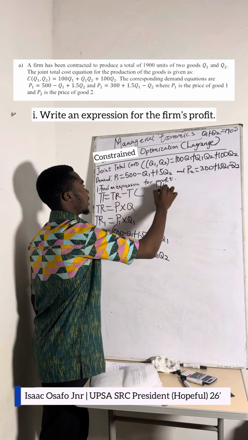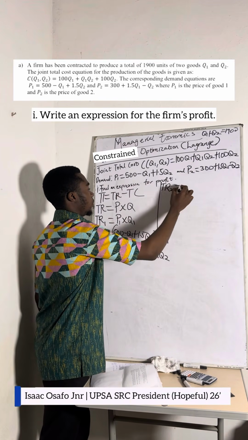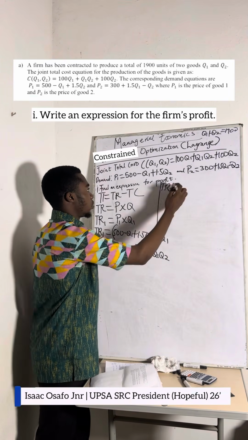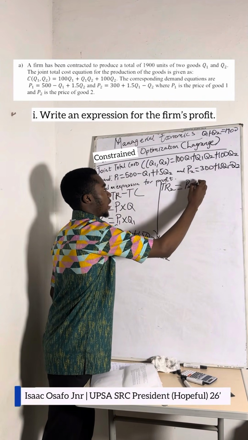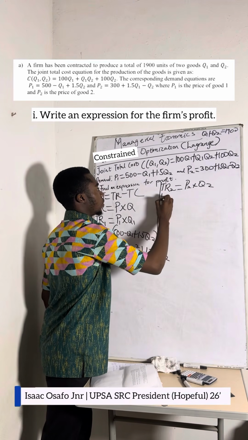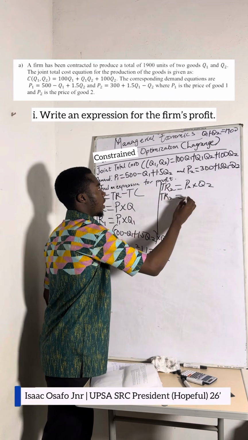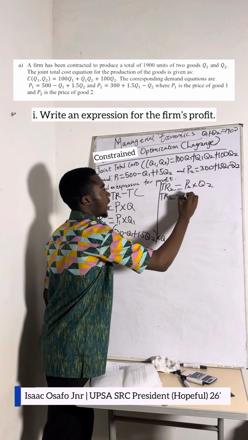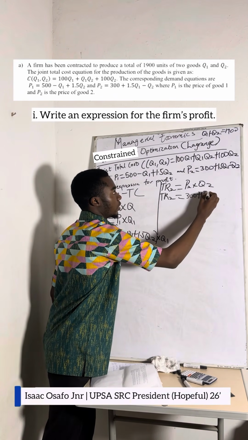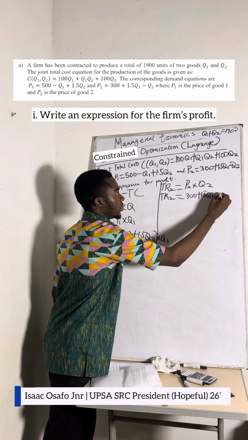So I can also say that TR2 will be equal to, just like TR1 was equal to P1 times Q1, P2 times Q2. Our P2 was given to us as 300 plus 1.5 Q1 minus Q2.